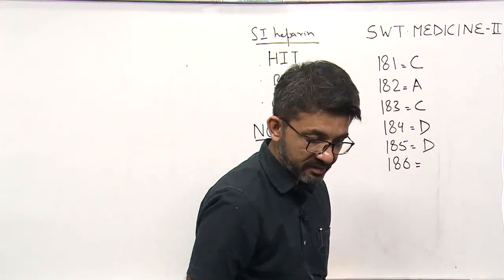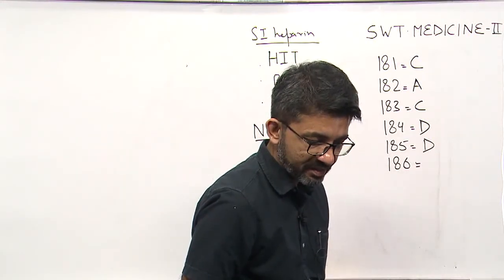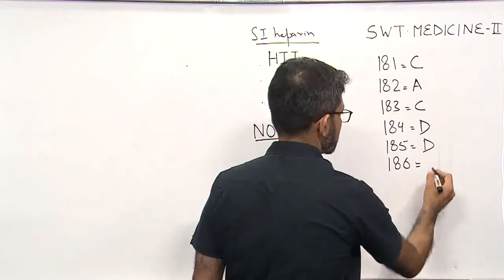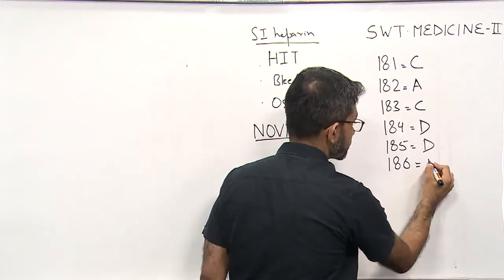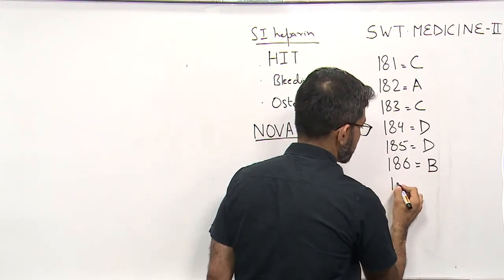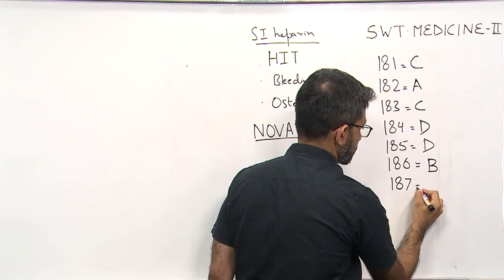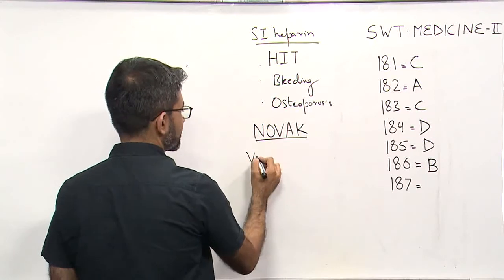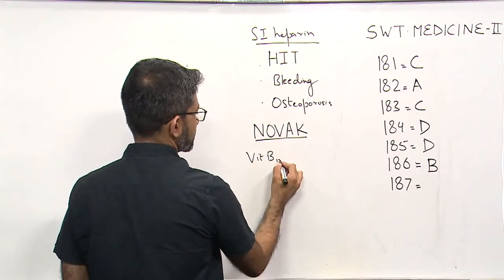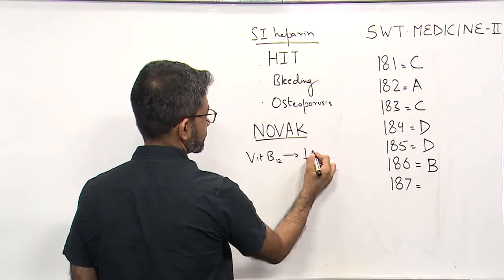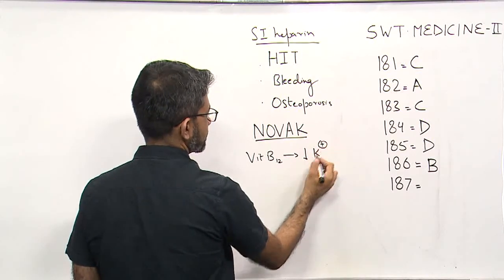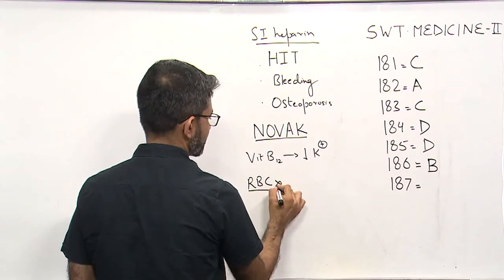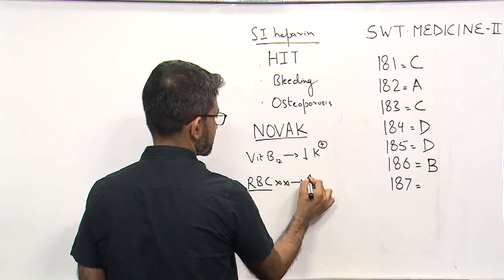Question number 186. Hypokalemia is caused by vitamin B12 therapy, remember it. So, the answer is B. The plausible explanation of vitamin B12 giving rise to hypokalemia lies in the fact that if RBCs are destroyed, it gives rise to increased potassium.